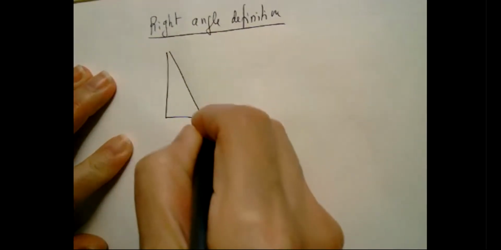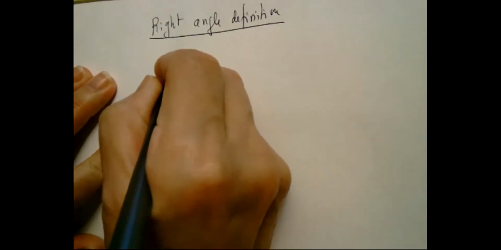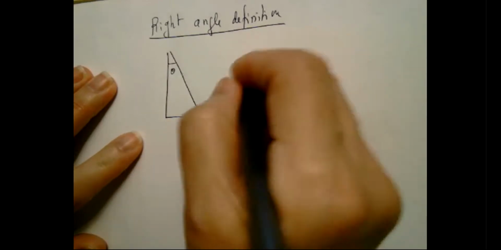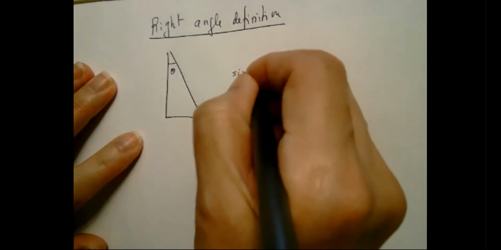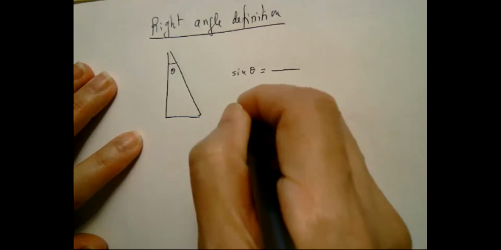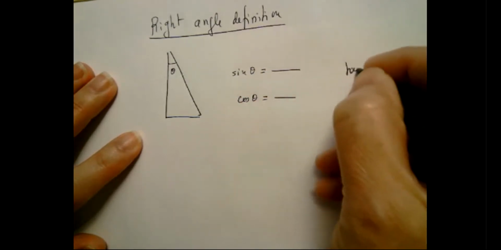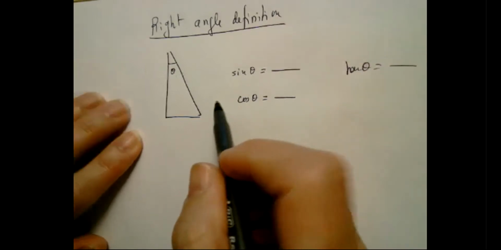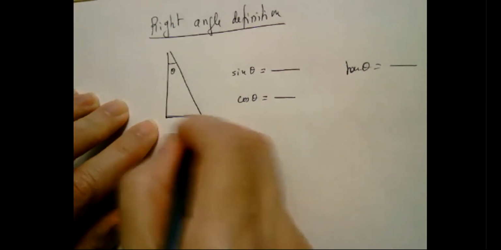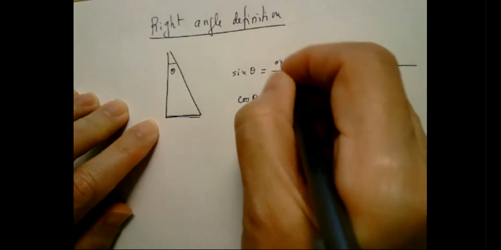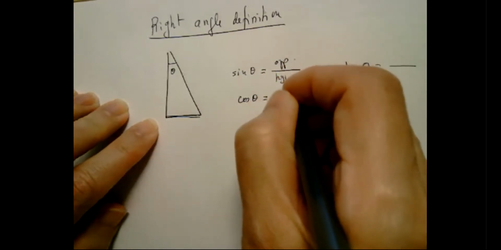If you have a right triangle, I will call this angle theta, for example, and then the sine of theta, the cosine of theta, and the tangent of theta. So let us remember very quickly: the sine is the opposite over the hypotenuse.